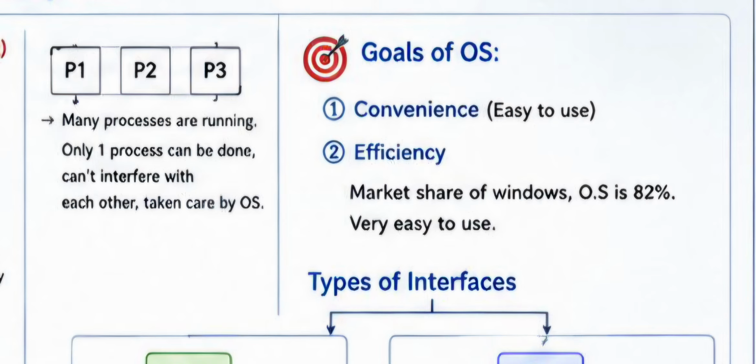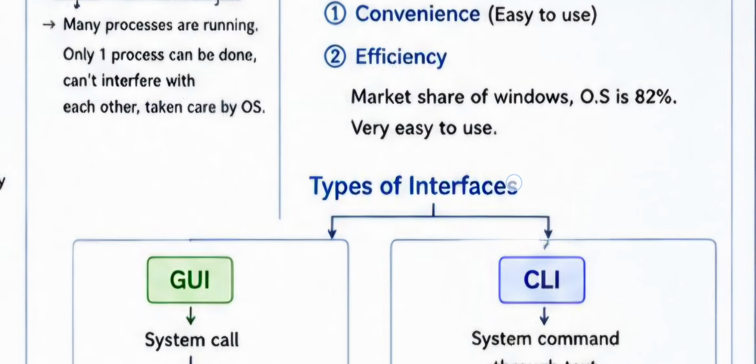Users will choose an operating system if they find it easy to handle. Since the Windows operating system is very easy to handle, its market share is 82%. This is just a general point.